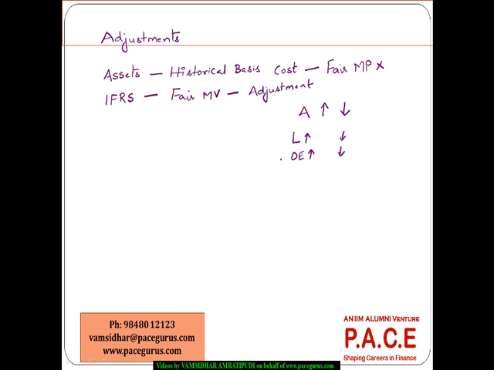Especially a few of these transactions come under the heading of other comprehensive income in the owner's equity section, and in some cases it could result directly through the income statement, resulting in expenses or revenues.